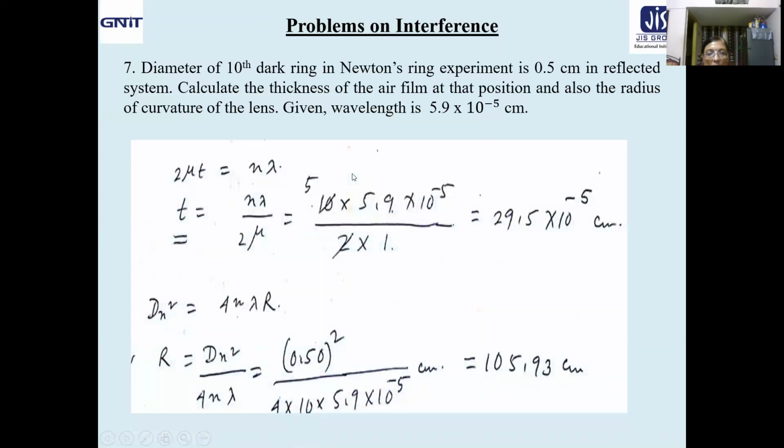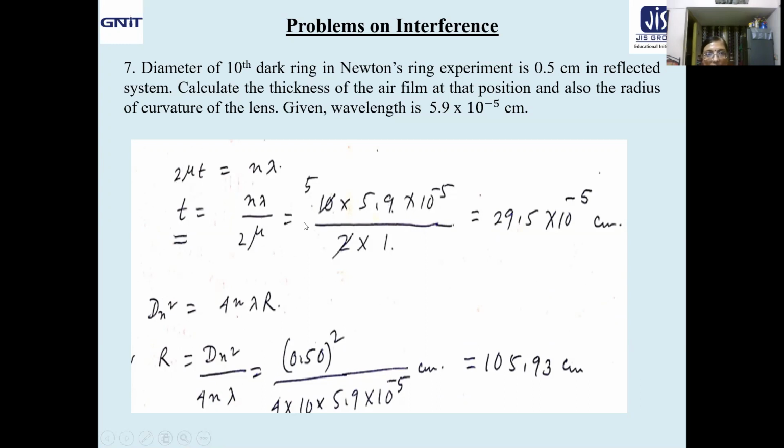So what are given, that we have to use. First thing is that you are asked to find out the thickness of the air film. Twice mu t equal to n lambda, the condition for minimum in the reflected system. In the last class we have learned it. From here the thickness we can find out very easily, t equals n lambda by twice mu.